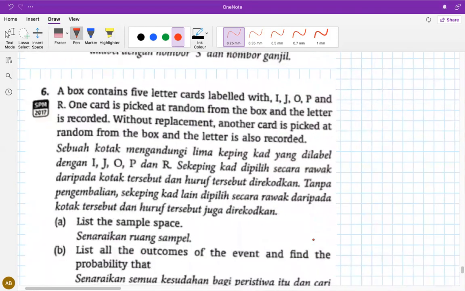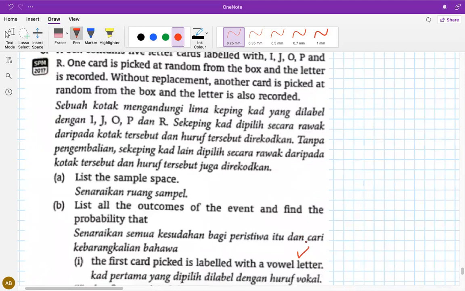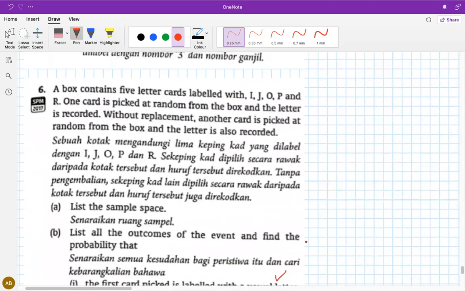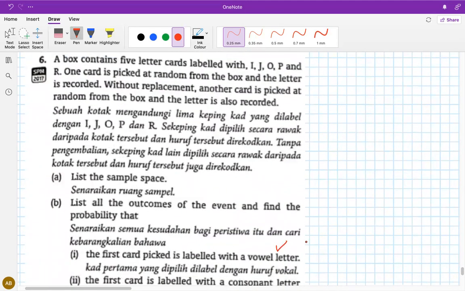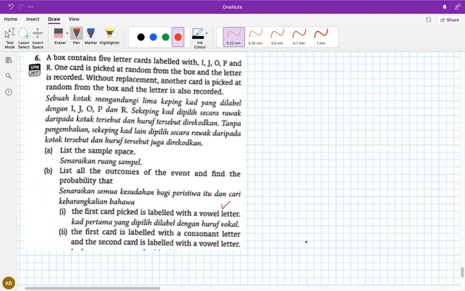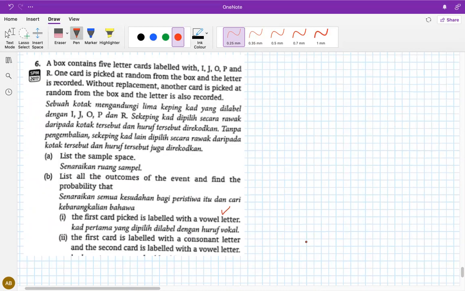Okay, question number 6. This is the clone SPM 2017. After this, you are going to do the SPM question also. The SPM question I already posted into your WhatsApp group.